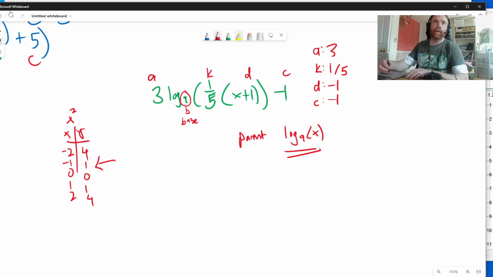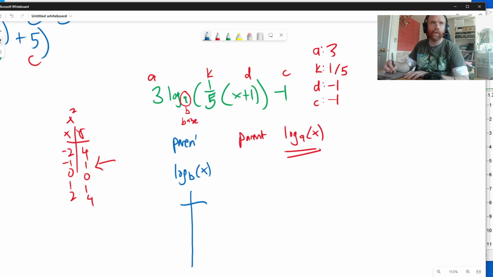So instead, I'm going to give you the table of values for log base b of x, and this is what you're going to do as the parent. So this is the trick. You start with 0, then you have 1 over b.